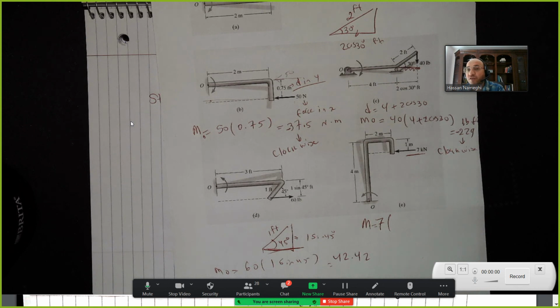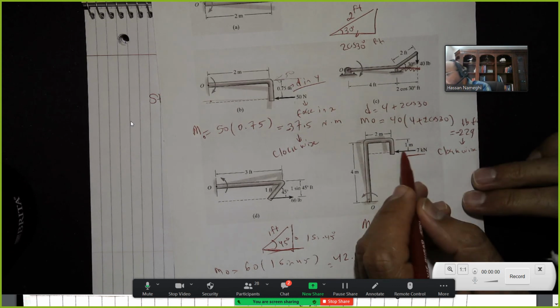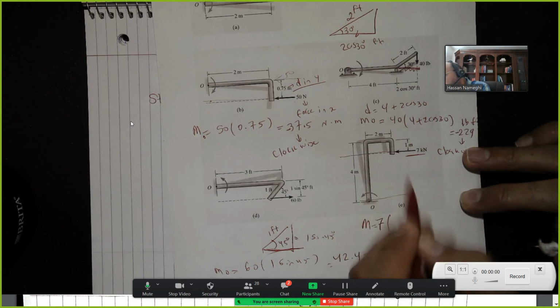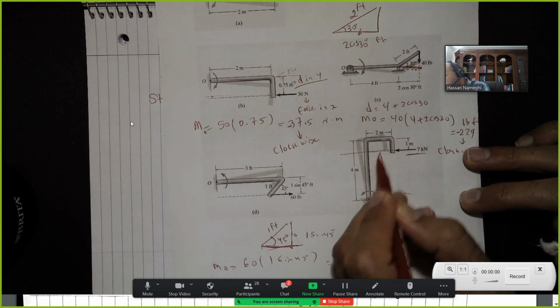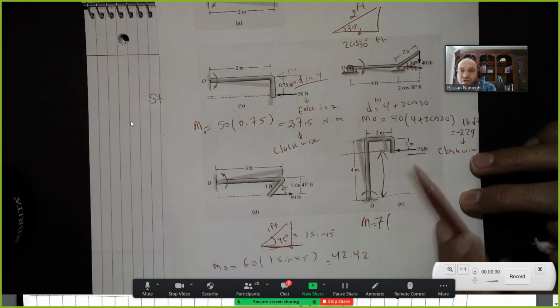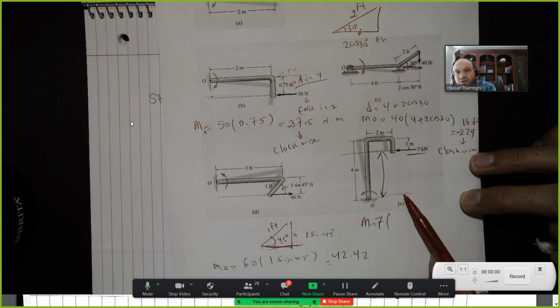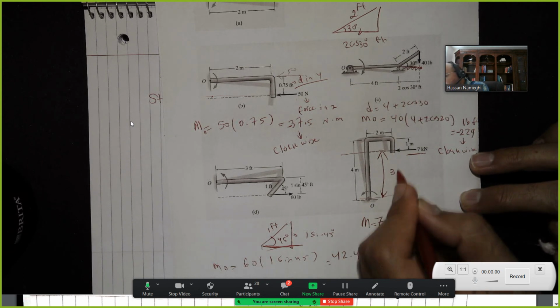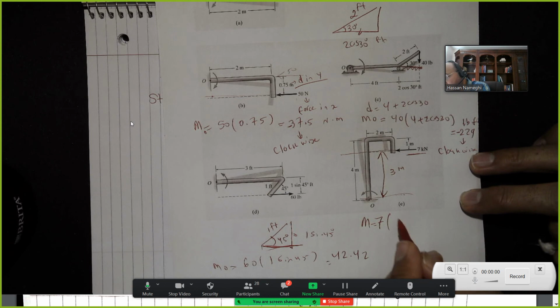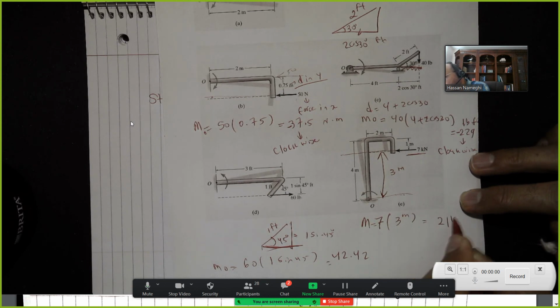Because the force is in the x, the distance will be on the y, right? That's the distance that creates the rotation. If this force 7 was here, it wouldn't create any rotation. Because of this offset, which is 4 minus 1, 3 meters, that creates the rotation. Again, the unit for this will be 21 kilonewton meter.